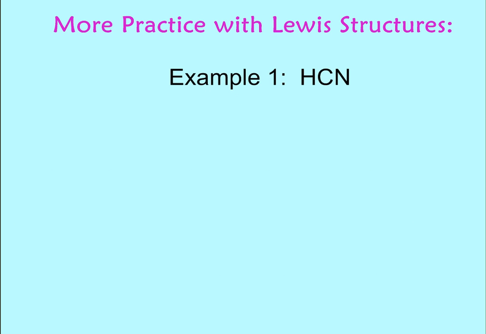Okay, so let's try this again. More practice with Lewis structures. This time I'm going to do cyanic acid. So I'm going to get the N, A, S values, and this becomes quick once you know what you're doing. Remember, N is the number that they need.